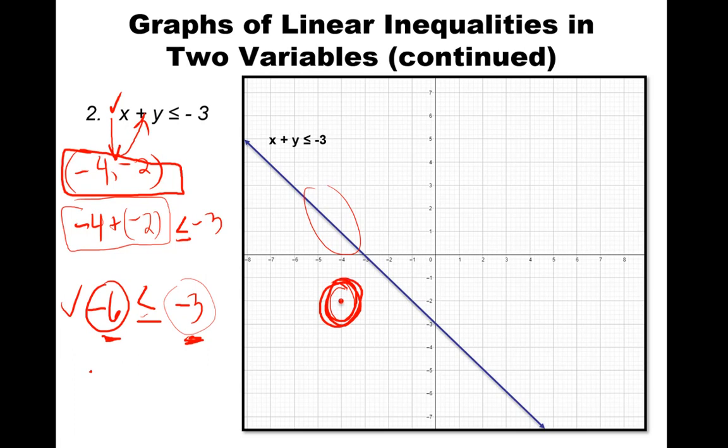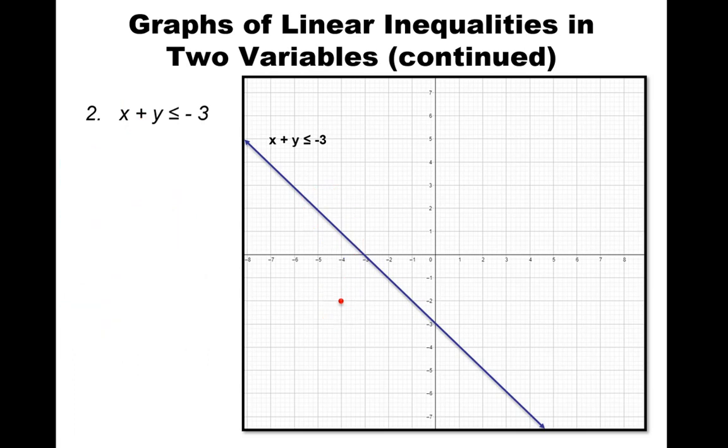Kaya ang magiging itsura ng ating graph would be ganyan. So we have to drop the point right there. Yan. Ito yung ating final na graph. Ito yung shaded portion ng ating graph.